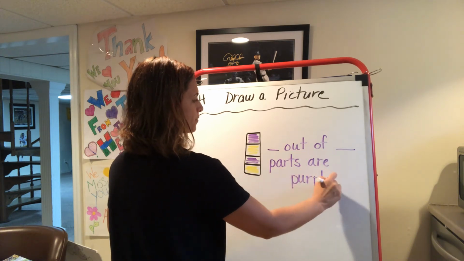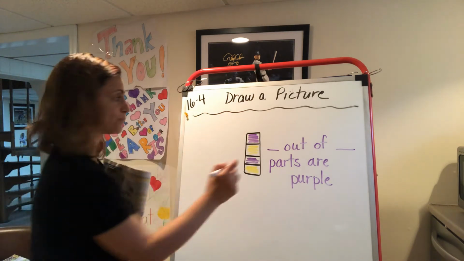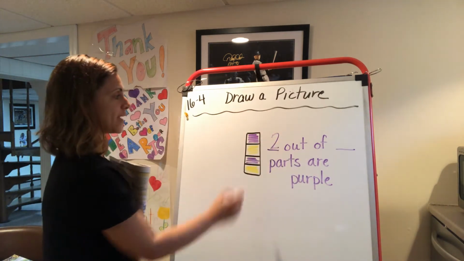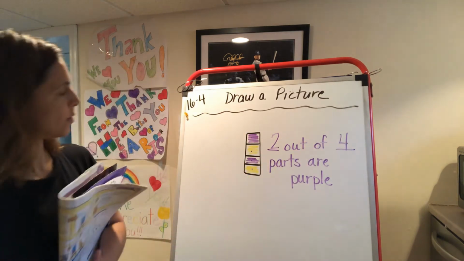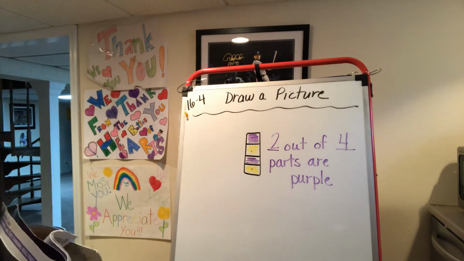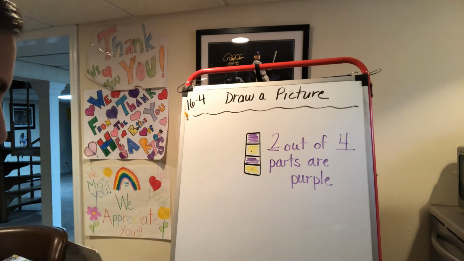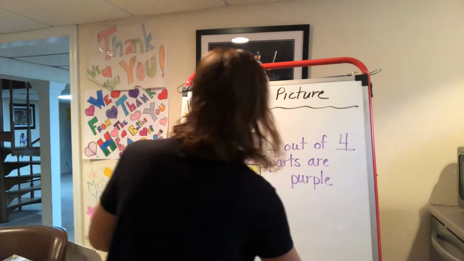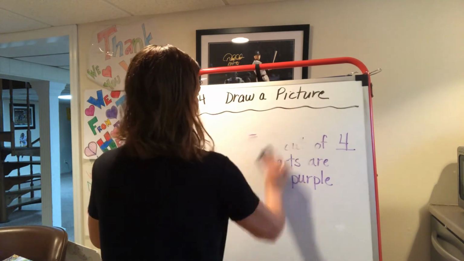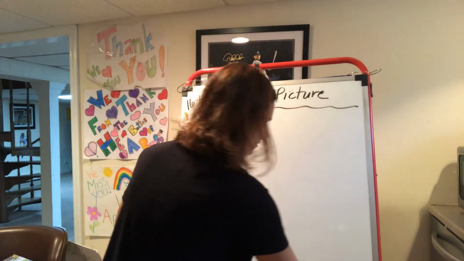Well, how many are purple? 2. 2 out of 4 parts are purple. 2 out of the 4 parts are purple cubes. Pretty simple. Now we're getting it. Let's talk about pizza. Here we go. Always food with Mrs. C.